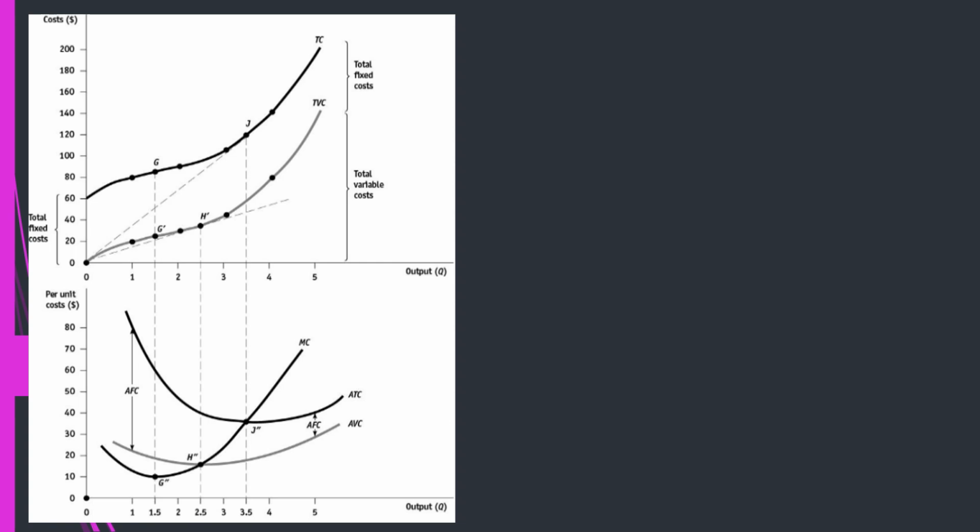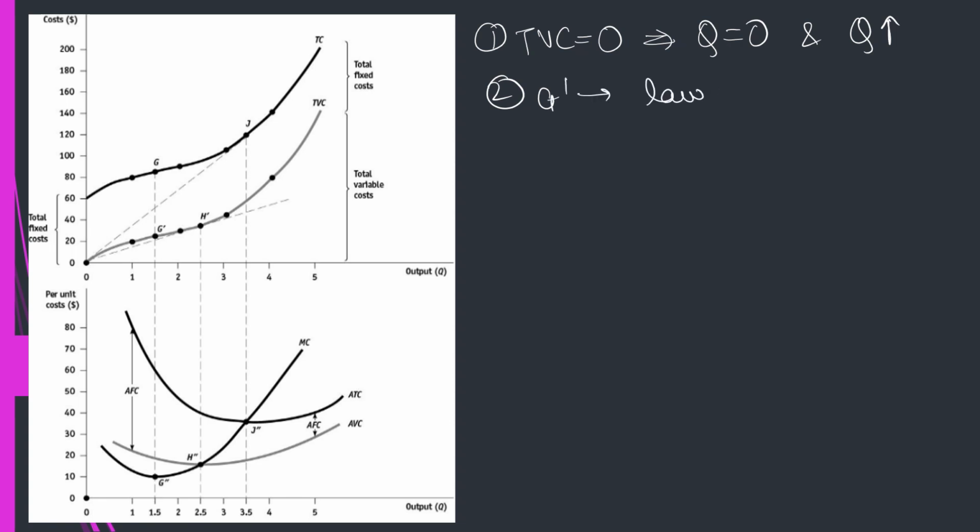So let's write this. One, TVC is equal to 0 when output is 0 and rises as output rises. Second, at G dash, the law of diminishing returns begins to operate.